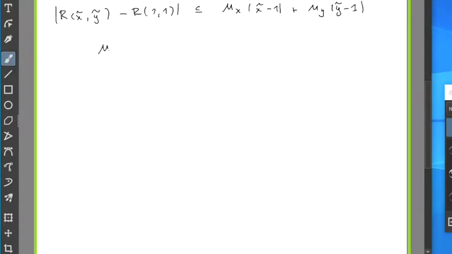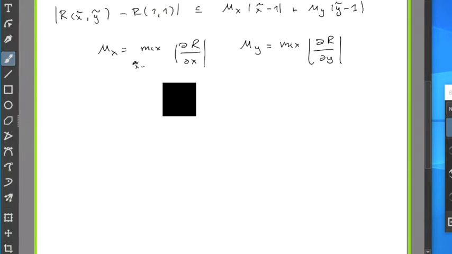So these mx and my are the maximums of the partial derivatives of the function with respect to x and y, both in modulus. And we take the maximum over all possible values. Here we need to let x go between all values whose absolute difference to 1 is smaller than or equal to 0.1.